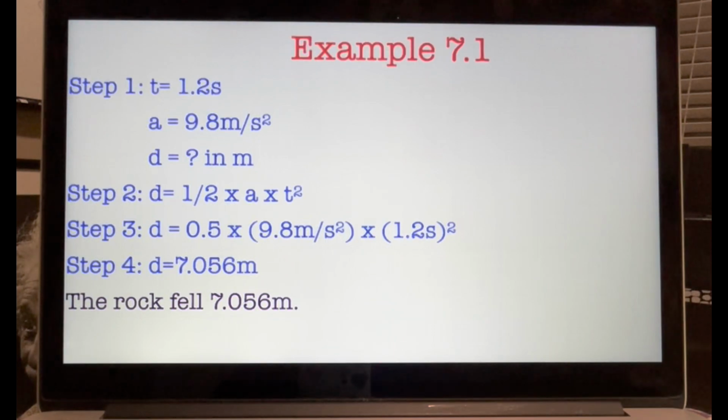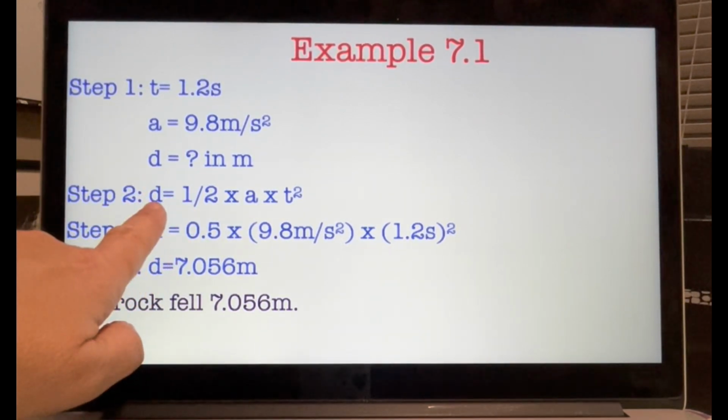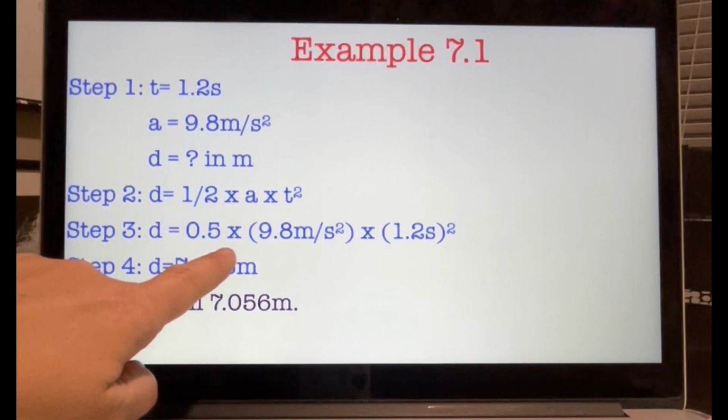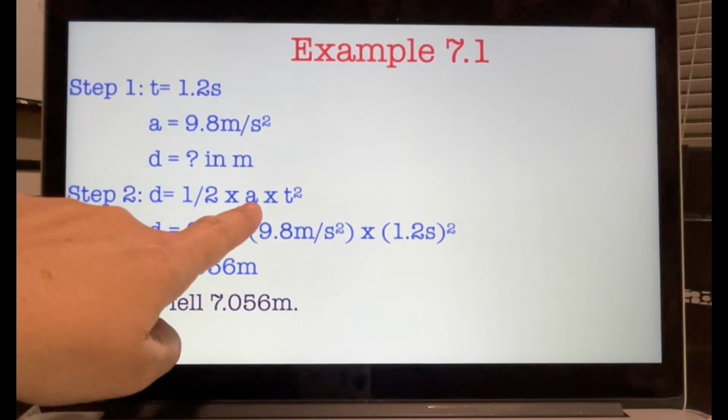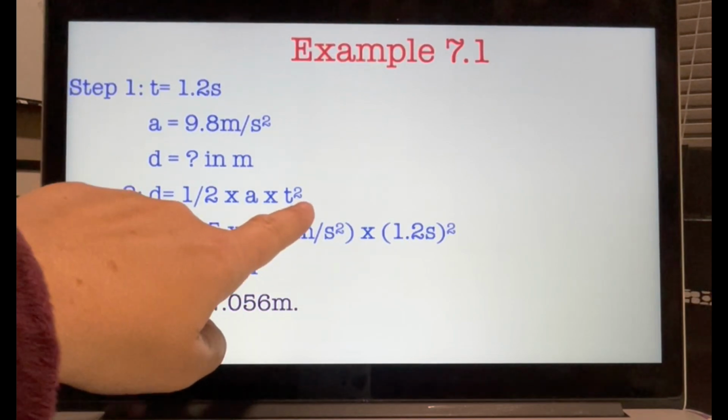Step 3, write out the equation substituting the numbers from step 1. You might find that using 0.5, which is the decimal unit for a half, is easier. Sometimes I think it is. So we have here distance equals 0.5 times A, acceleration, times time squared.